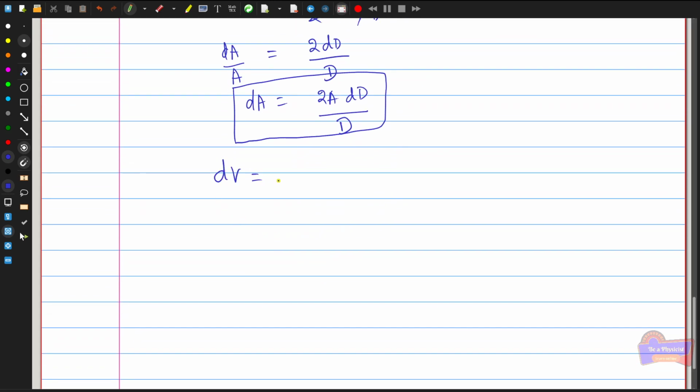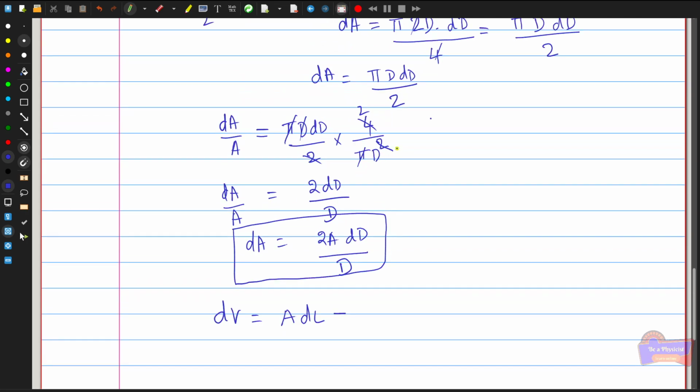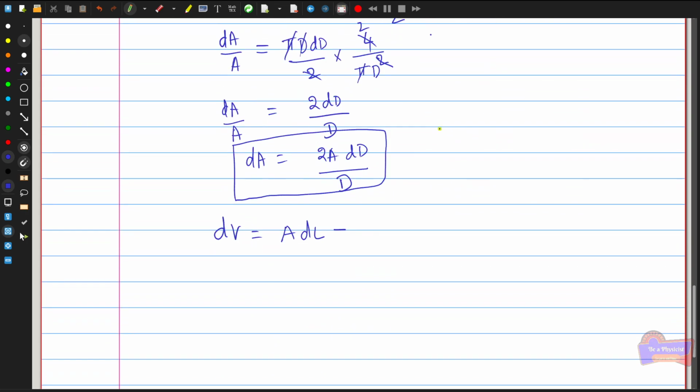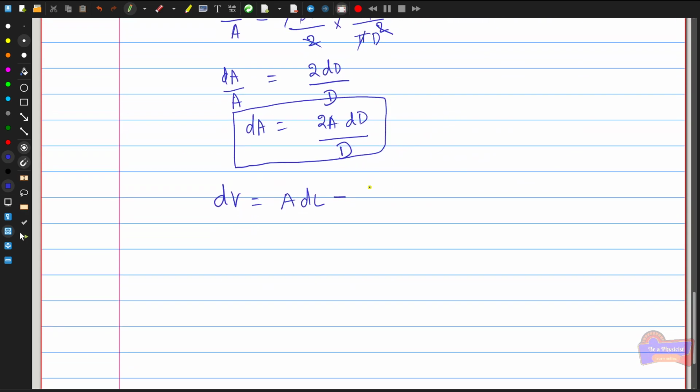So dV is equal to A dl minus L dA. Substituting the value of dA here, I get 2AL divided by d into dd.